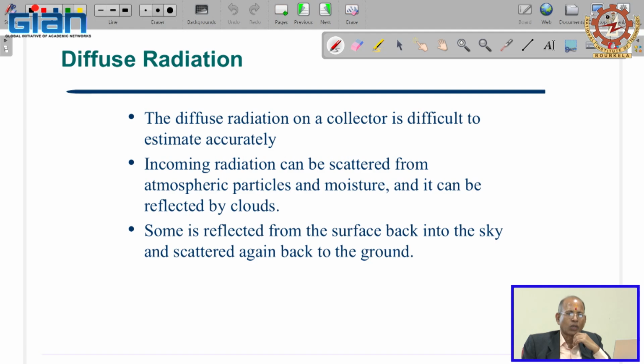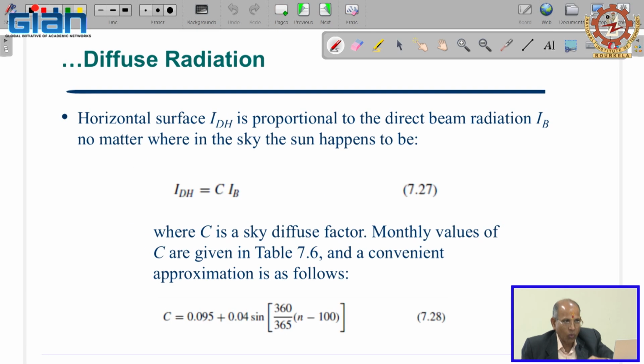Some is reflected to the surface, re-reflected. Reflected, re-reflected. So how accurately will you calculate? So difficult. Exactly. So basically, how are you going to make an estimate of this diffuse.